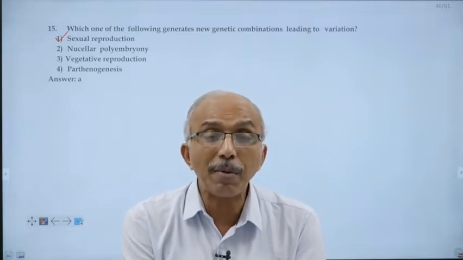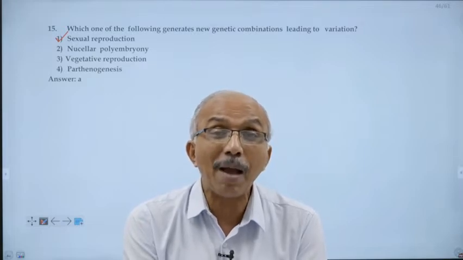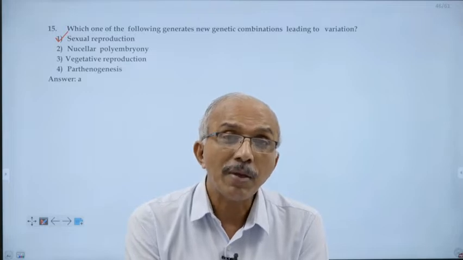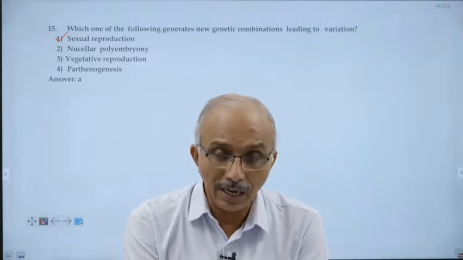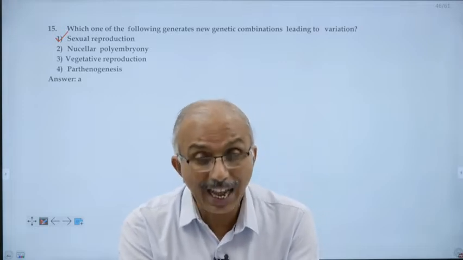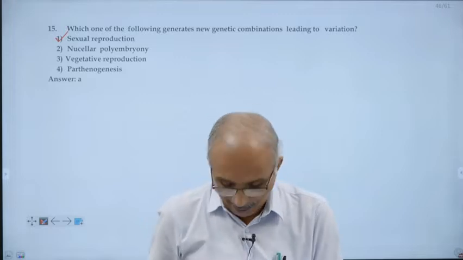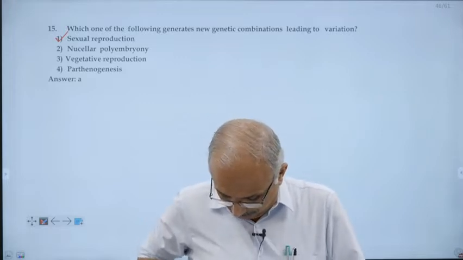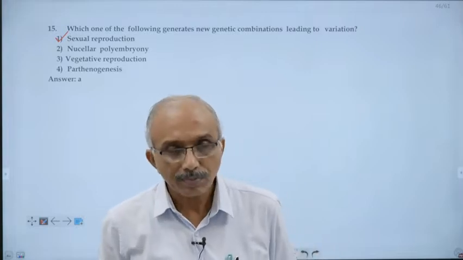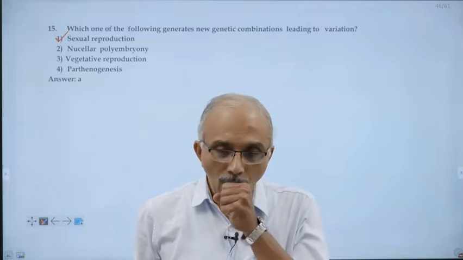There is variability because sexual reproduction is by gametic fusion. Gametes are formed from meiosis. In meiosis, crossing over occurs, so there is a great chance of variation among gametes.